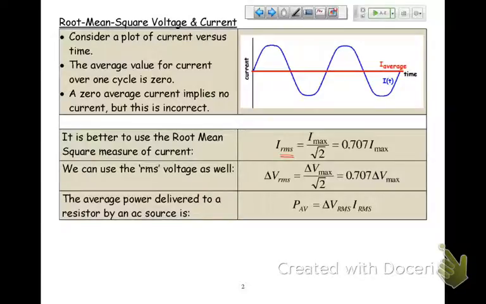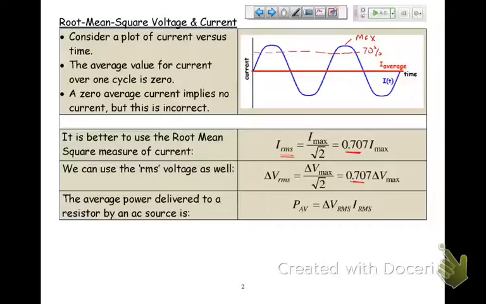Basically, when you work it out, because of the shape of the sine curve, the RMS value, well, I shouldn't really call it the average, is 70% of the maximum value. So that's a useful thing just to remember. It's 70.71, who cares? 70% does it for me anyway.